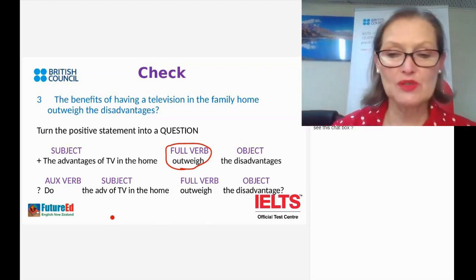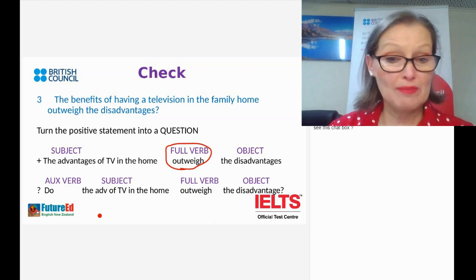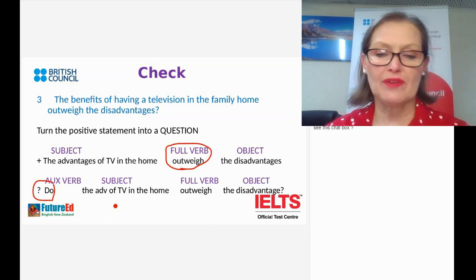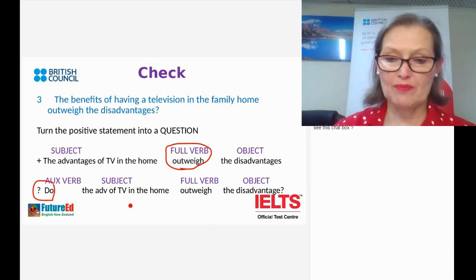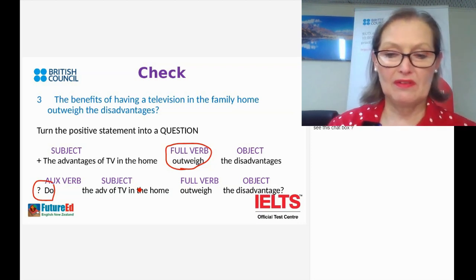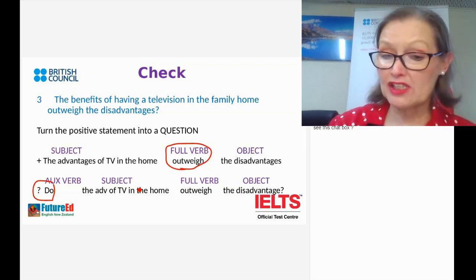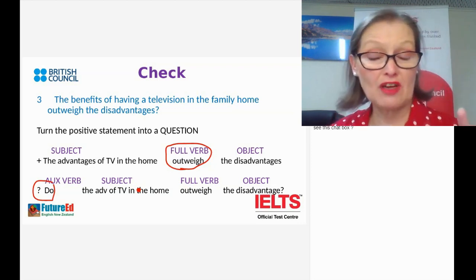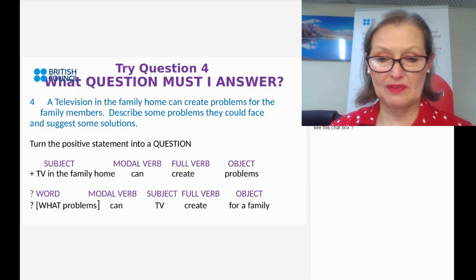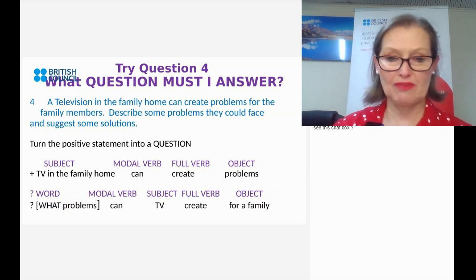So I need to use my grammar question rules for doing verbs. So I start with do. The advantages, I've just shortened it there, of television in the home outweigh the disadvantages. And then I can discuss my advantages, discuss my disadvantages, and come to a conclusion. And let's quickly have a look at sentence number 4.